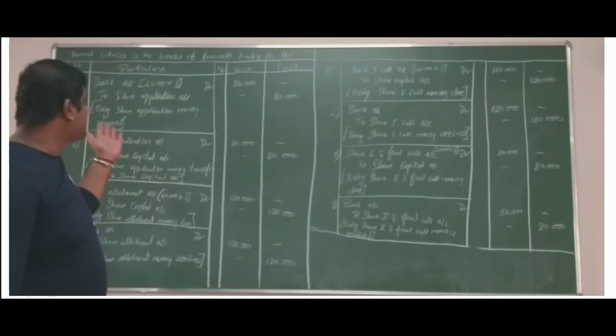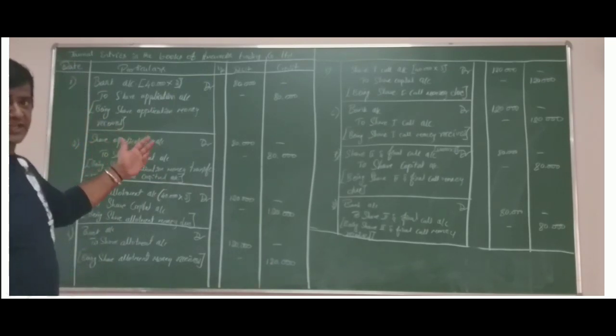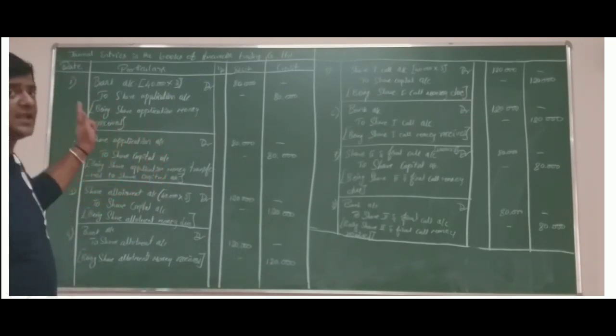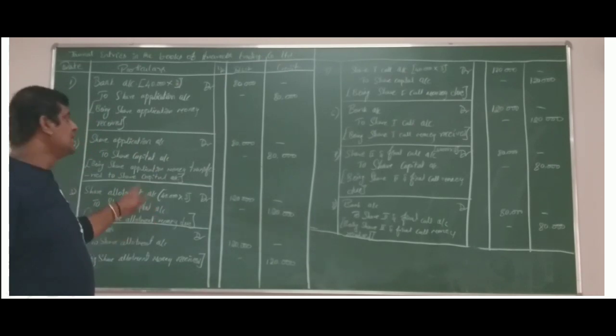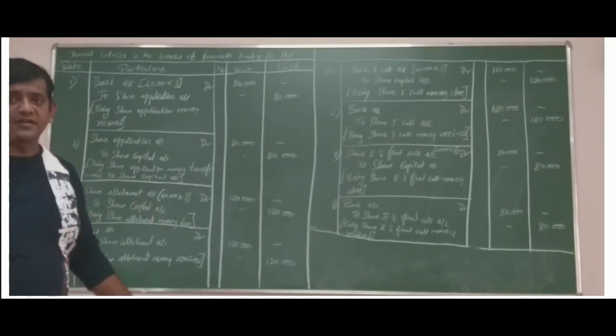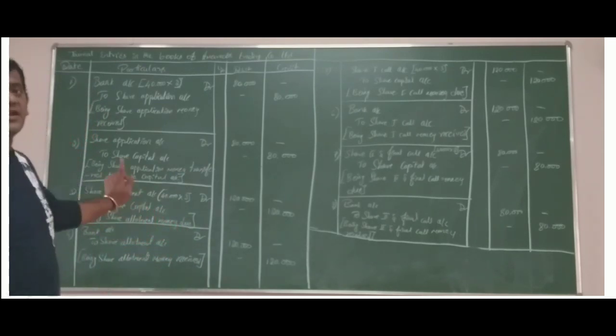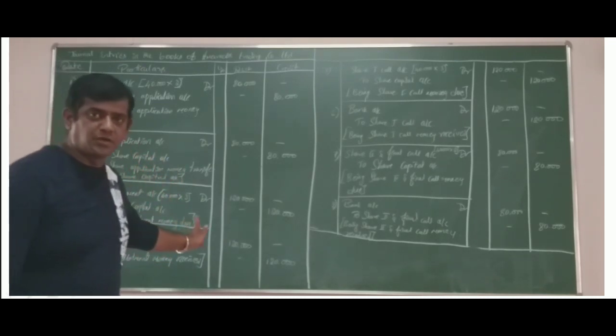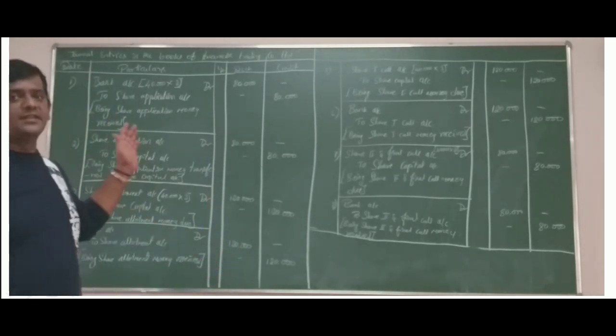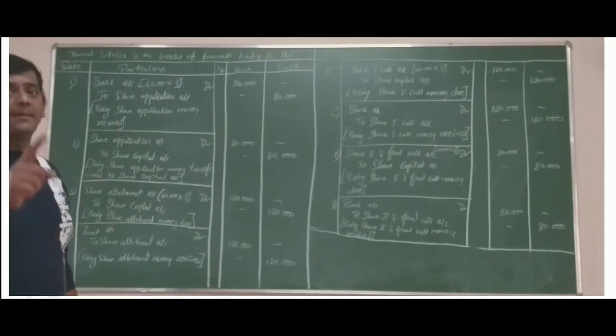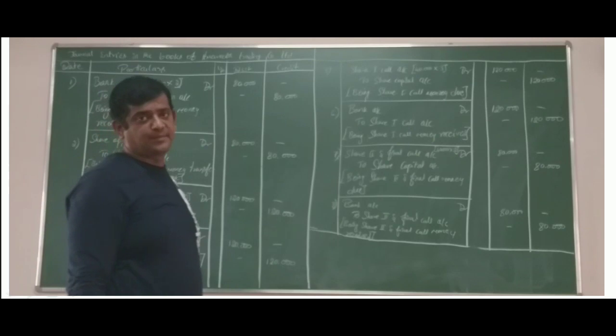So the entries are: bank account debit to share application account for receiving the application money; transferring the application money, share application account debit to share capital account; then the due entry for allotment, share allotment account debit to share capital account; then the receipt entry for allotment, bank account debit to share allotment account.